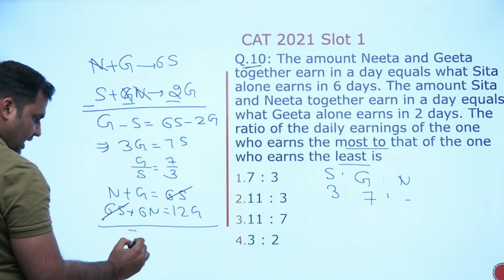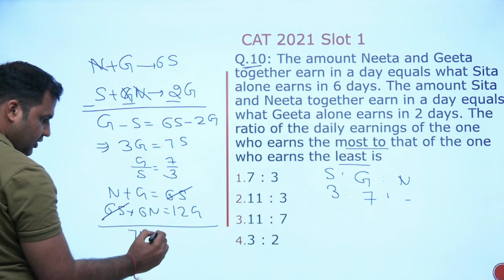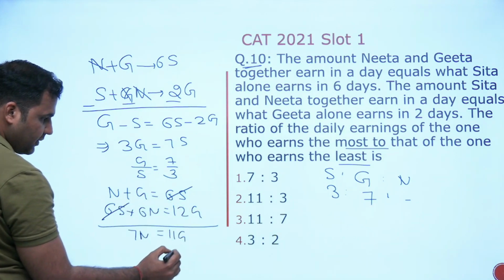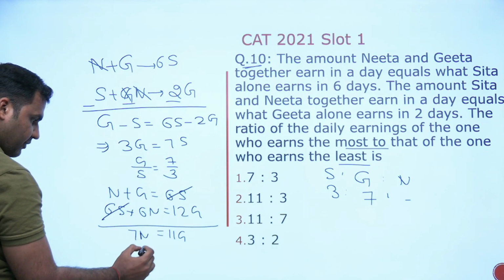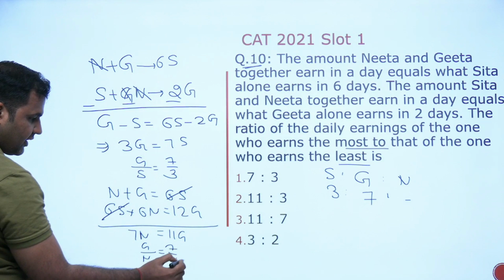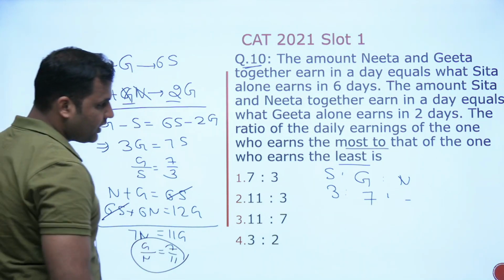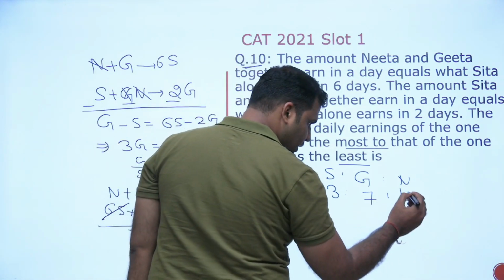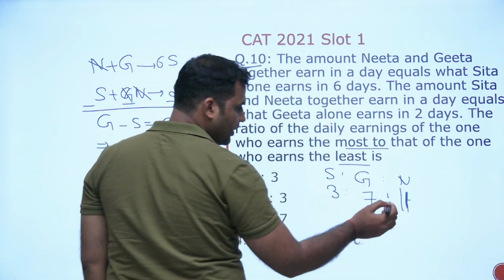N plus 6N is 7N, and the G there will go minus, that is equal to 11 times G. Now this tells me that Geeta upon Neeta is equal to 7 upon 11. So that's the Geeta and Neeta ratio. That means if Geeta does 7 units of work, Neeta will be doing 11 units of work.